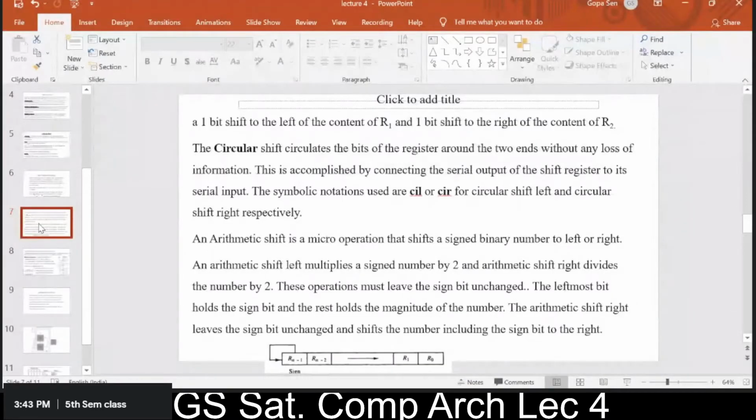And arithmetic shift operation is used only when the numbers are represented in sign magnitude format. If the numbers are represented in magnitude only format, then we cannot apply arithmetic shift operation.